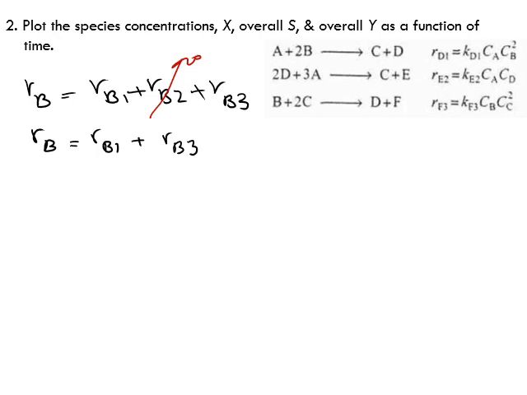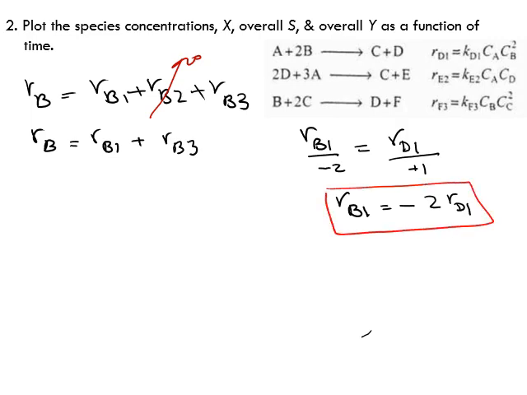Well, we can find it from the stoichiometry as RB1 divided by minus 2 equals RD1, because that's the rate law we have, divided by plus 1. Therefore, RB1 equals minus 2 RD1, and we frame it because we're going to enter it in the software.